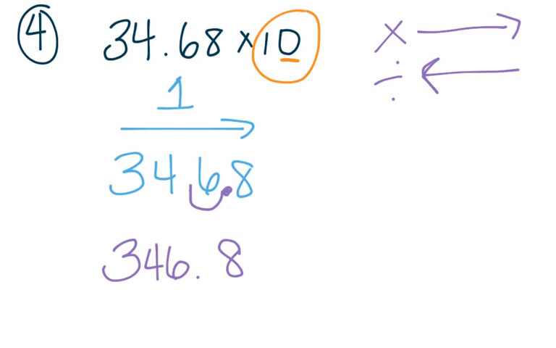All right, numbers 6 and 7 are technically division. So let's look at number 6, and then I'll leave you to do number 7 and 8, 9 and 10 by yourself. Actually, number 10 we'll do together.